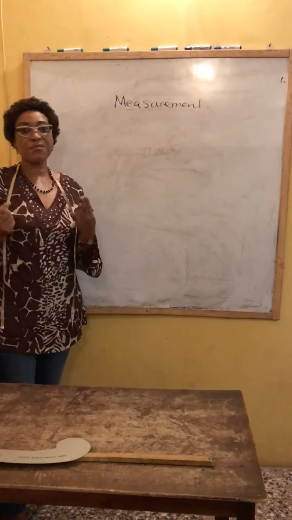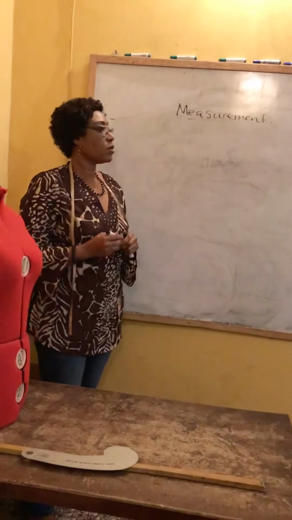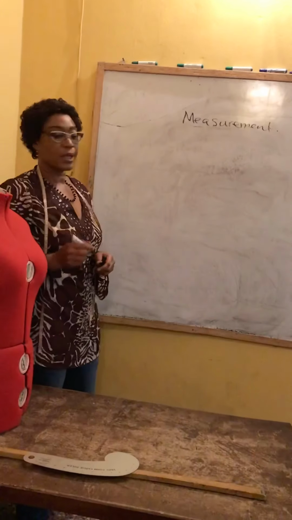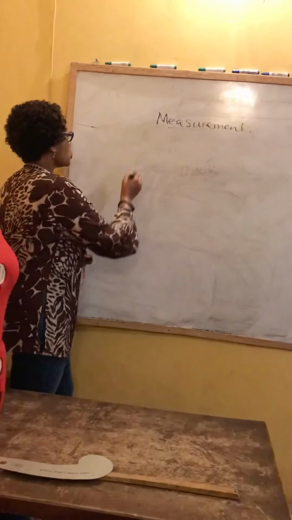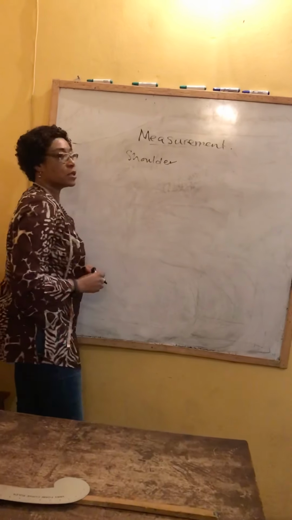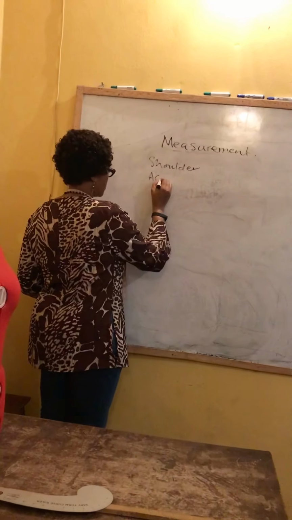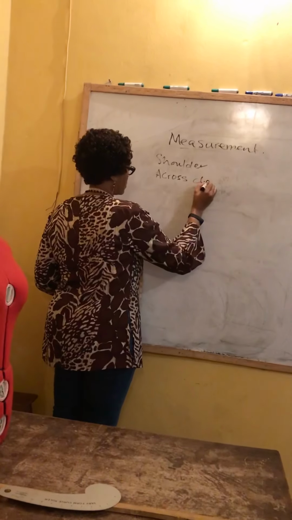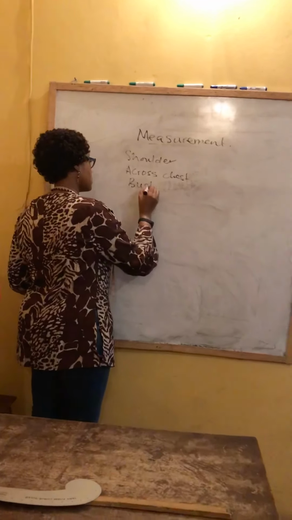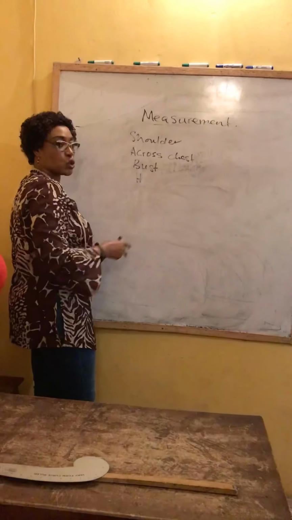But we have various areas that we need to take measurements in making our dresses in fashion. Number one, we have the shoulder. Number two, we have the across chest. We have the bust. We have the half length, which is from the shoulder to the navel.